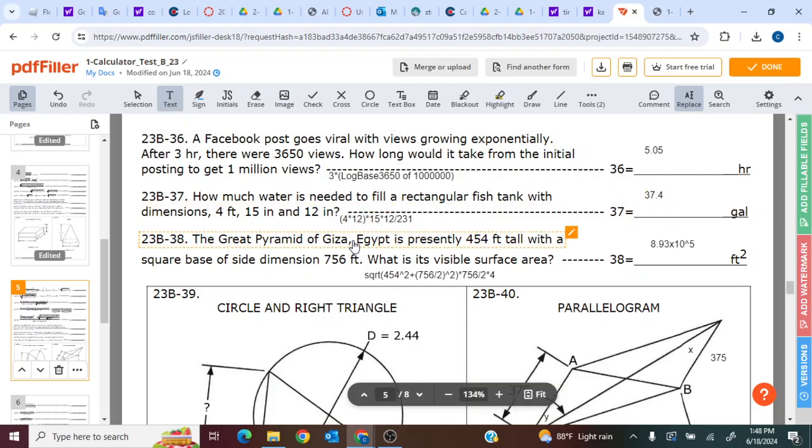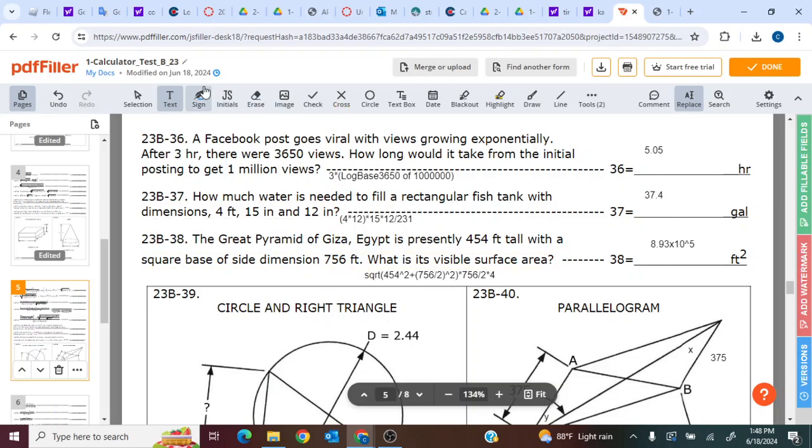The Great Pyramid of Giza, Egypt, is presently that tall with a square base side dimension of that. What's the visible surface area? Well, the visible surface area is the part of the pyramid that is not the square bottom of it. So it is essentially four equal or congruent triangles, which you have to calculate the area of.